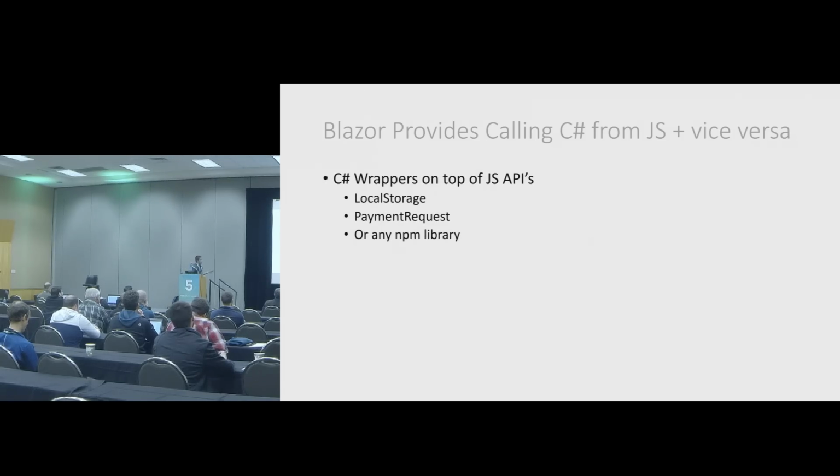So you can write C# wrappers on top of JavaScript APIs to call things like local storage, which we'll look at here in a minute because I'm sick of doing slides. The payment request API, like anything you can do in the DOM, you can technically write a C# wrapper on top of it. Or what's more likely going to happen, people ship packages that wrap this stuff. So in theory, you can write a SPA application completely in C# and not have to touch JavaScript.